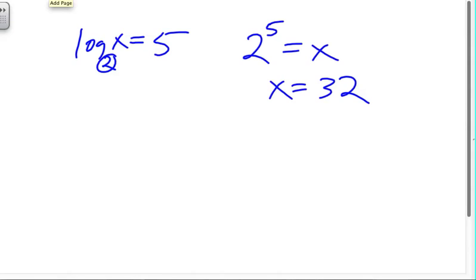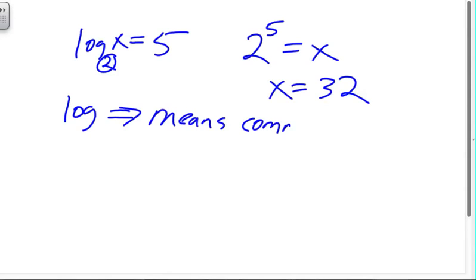Okay, these are also used in carbon dating. But before we go on, I want to make a couple of notes here. There are a couple of special logs. If you ever see anything written like that, log with no base, that means the common base, which is base 10.